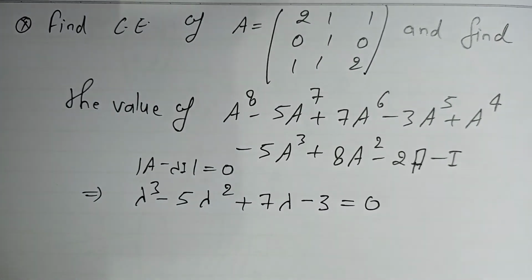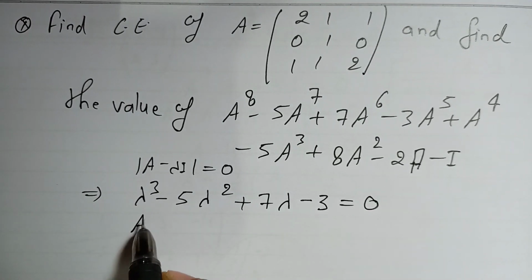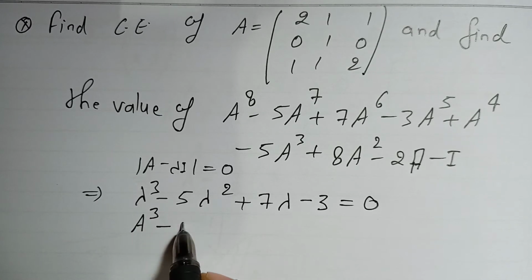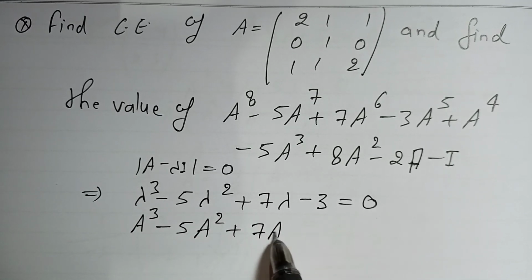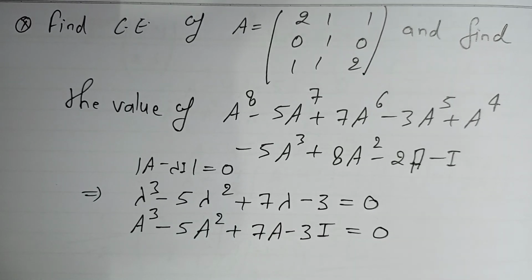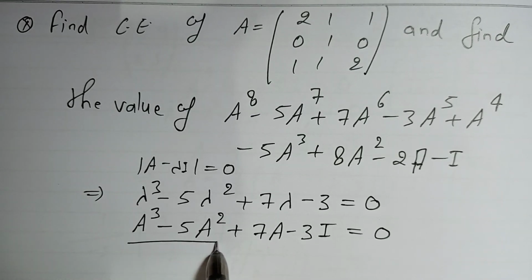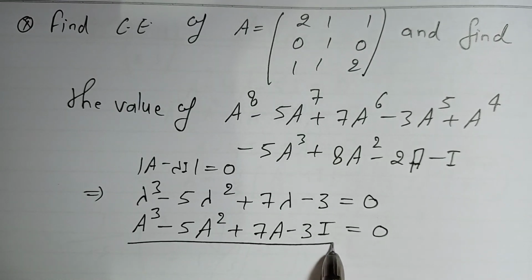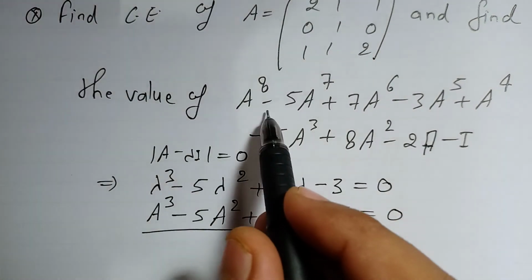So according to the Cayley-Hamilton theorem, the square matrix A satisfies its characteristic equation. So A cube minus 5A square plus 7A minus 3I equal to 0. Now we know this, so using this, try to simplify the expression.